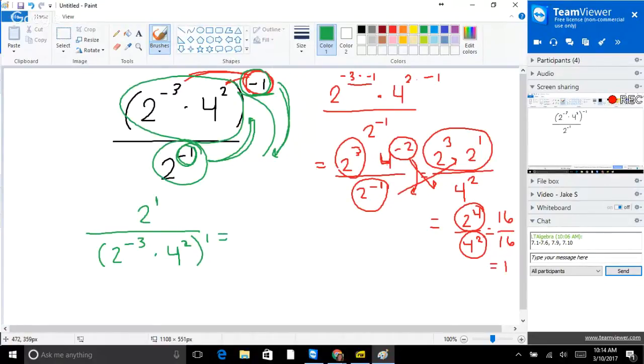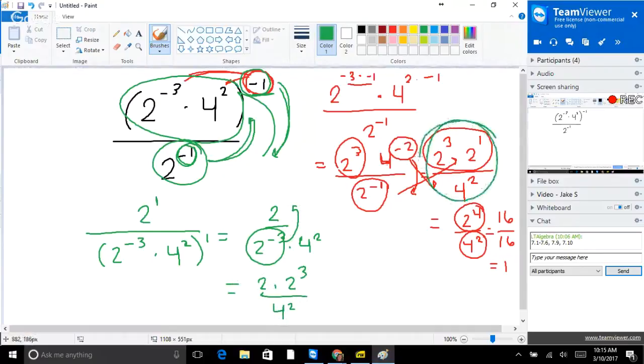Anything to the 1 is just itself, right? So I'm left with 2 times 2 to the -3rd times 4 squared. And now I have a -3 down here, so I'm going to flip that to the numerator. So it's going to be 2 times 2 to the 3rd times 4 squared, which is the same as this. We ended up in the same spot.